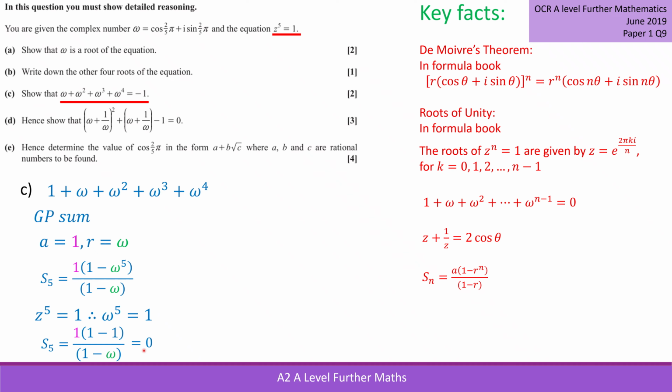So S of 5 is equal to 0, which means the sum of these 5 terms is equal to 0. There's my proof that all these terms added together equals 0. We want omega plus omega squared plus omega cubed plus omega to the 4, so if I get rid of this plus 1 and subtract it, that gives me what we're trying to show. So therefore we've shown it for 2 marks.